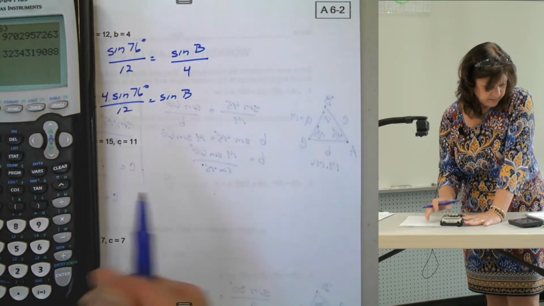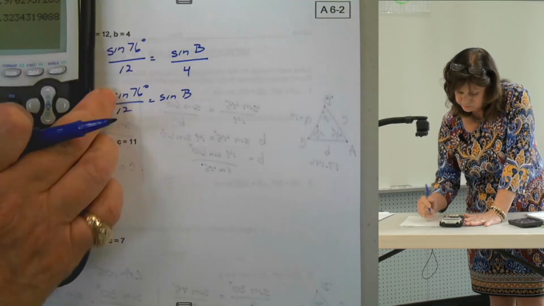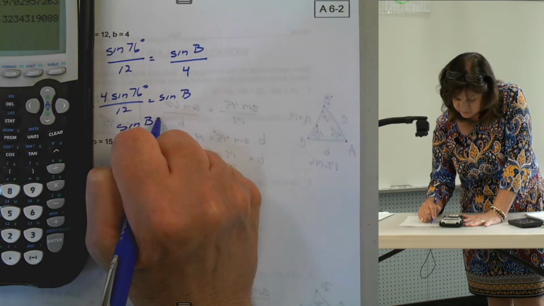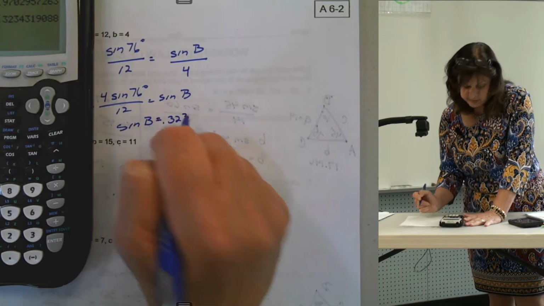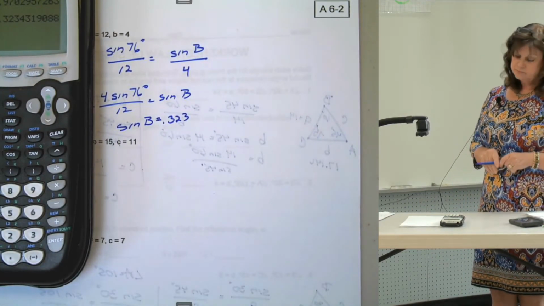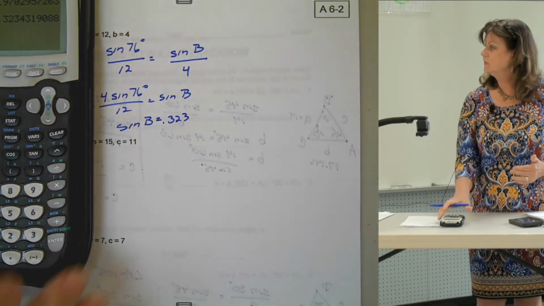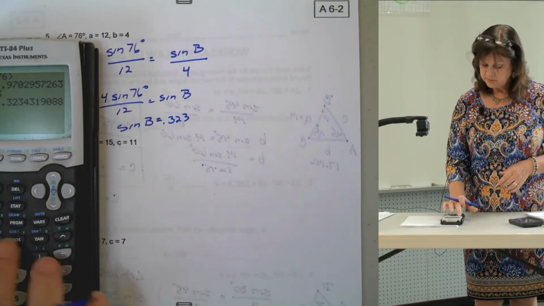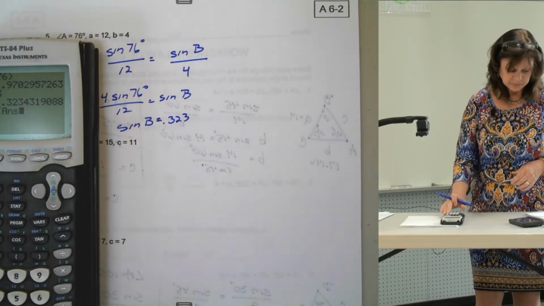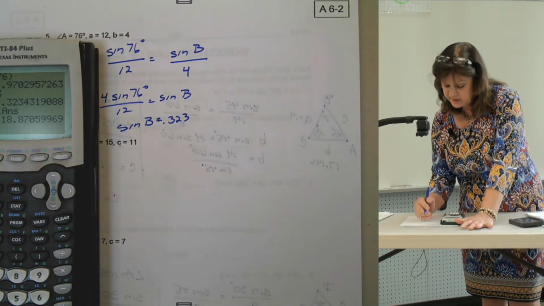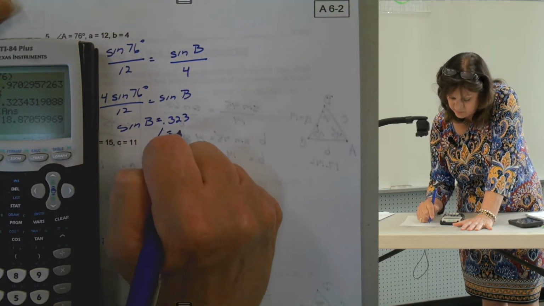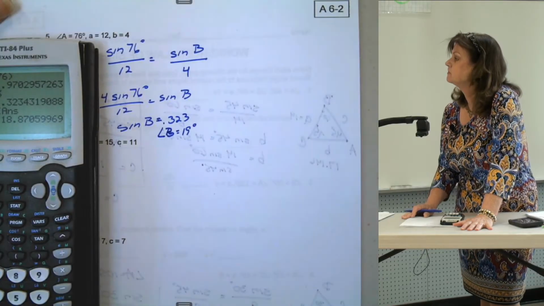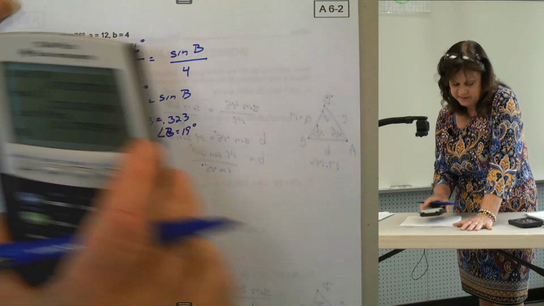And we end up with 0.323. So what angle has the sine 0.323? And we've got angle B is 19 degrees.